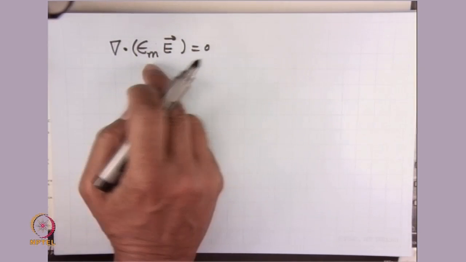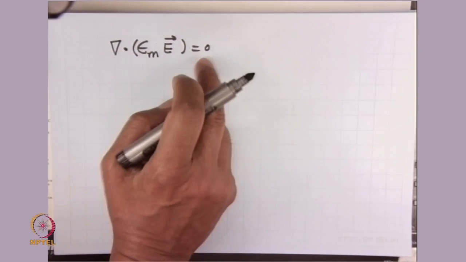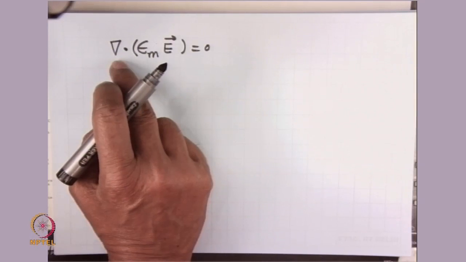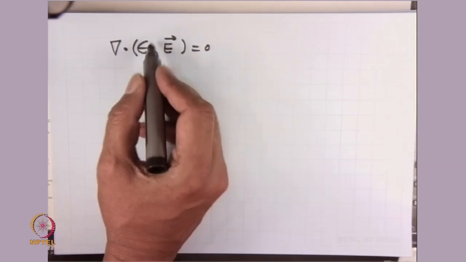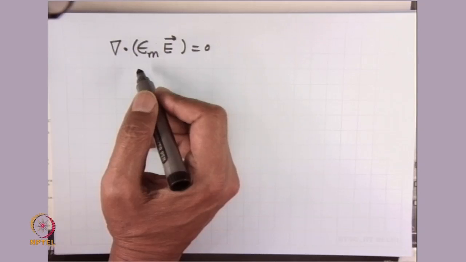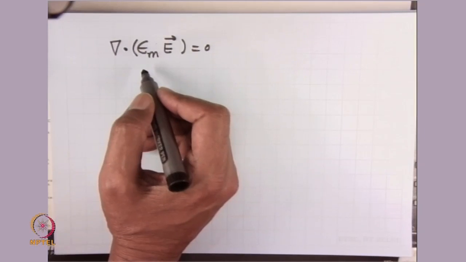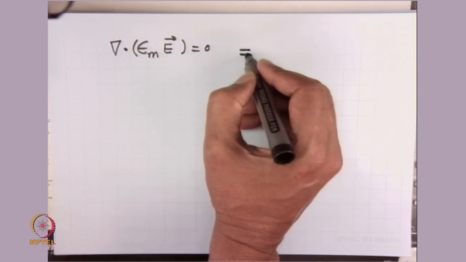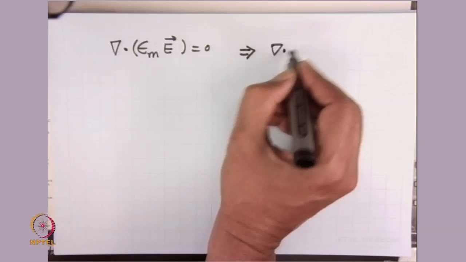For free space, this is unity. This is the important condition. The del operator we are taking to have only x and z components. So, this equation tells me, and epsilon m is a constant in a particular medium, whether you are considering free space or conductor, so you can take it out. So, this will be satisfied when divergence of E is 0.